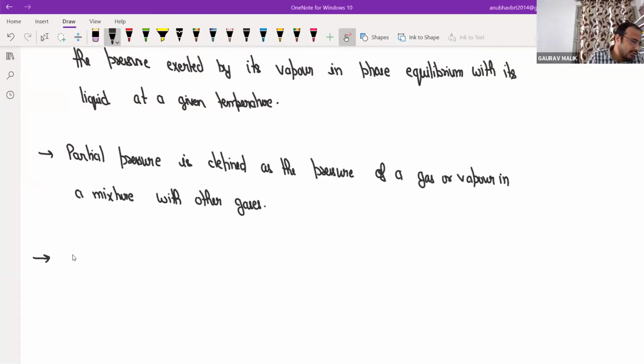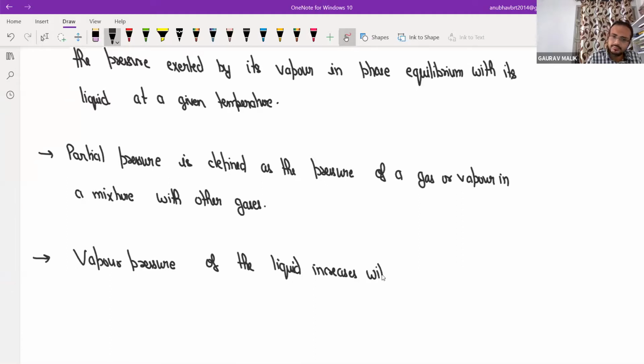Write down one more point. The vapor pressure of the liquid increases with the temperature, not time.